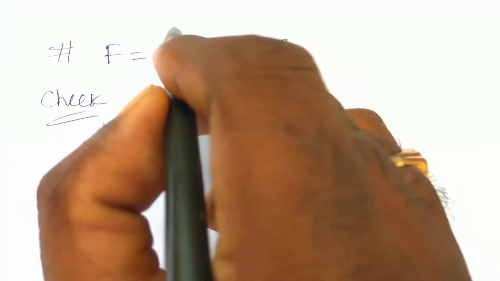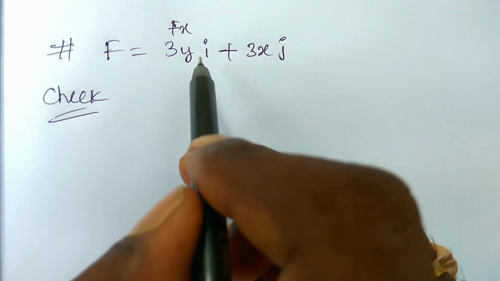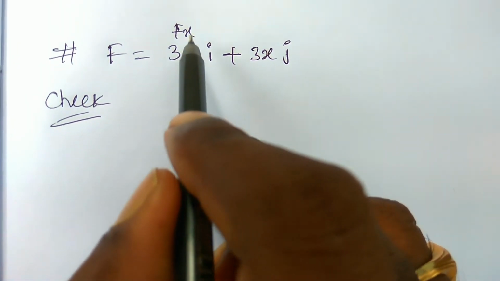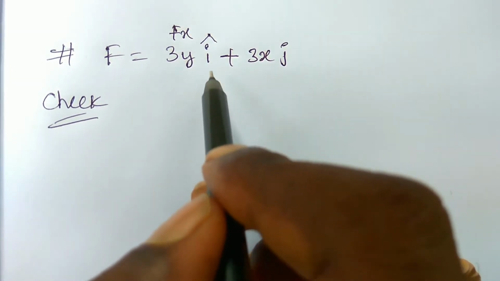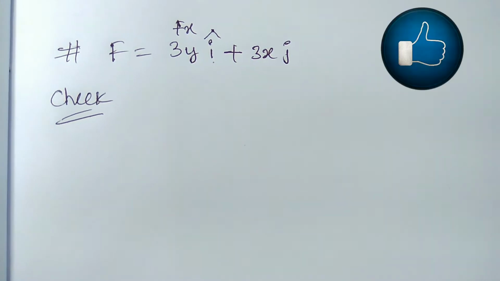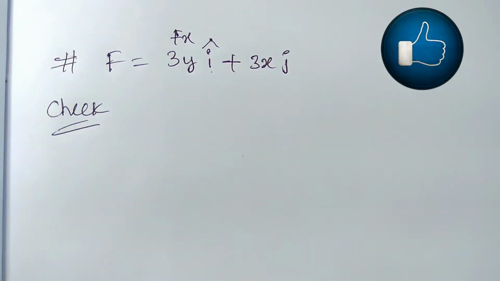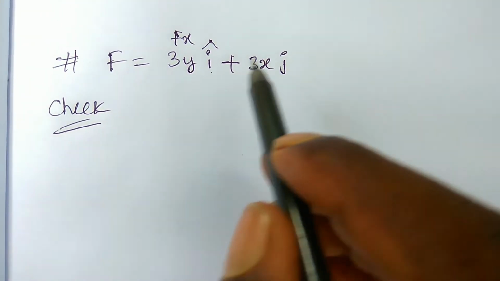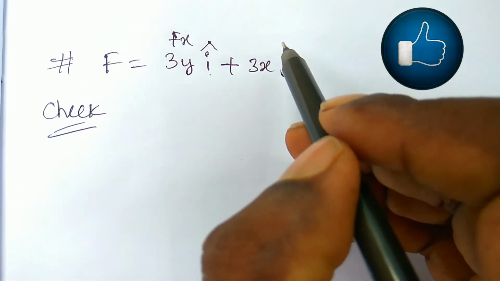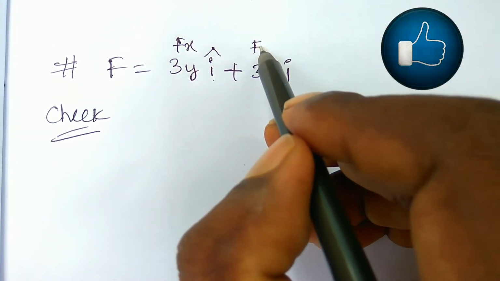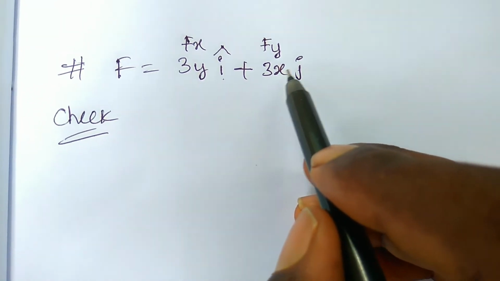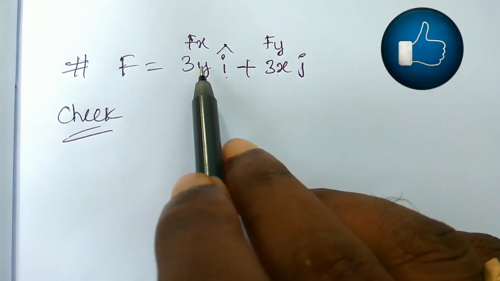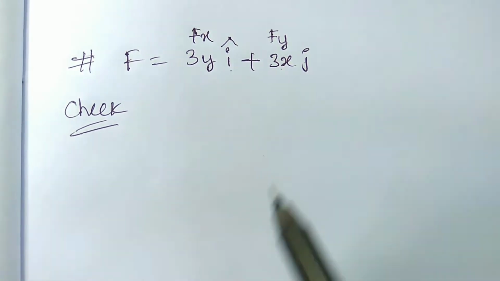This is Fx, because the direction of i always belongs to the x-axis, the unit vector of the x-axis, and j is the unit vector of the y-axis. So here Fy, the force along the y-axis, is 3x, and Fx, the force along the x-axis, is 3y.